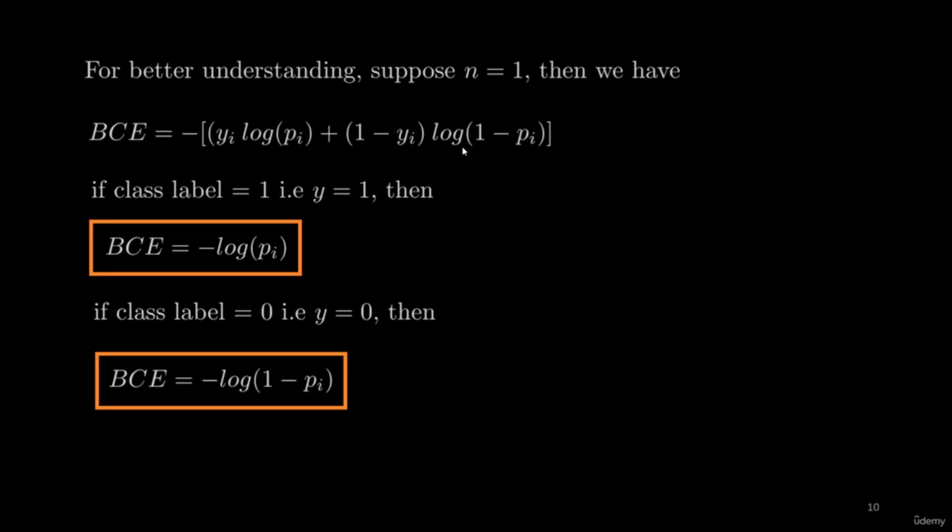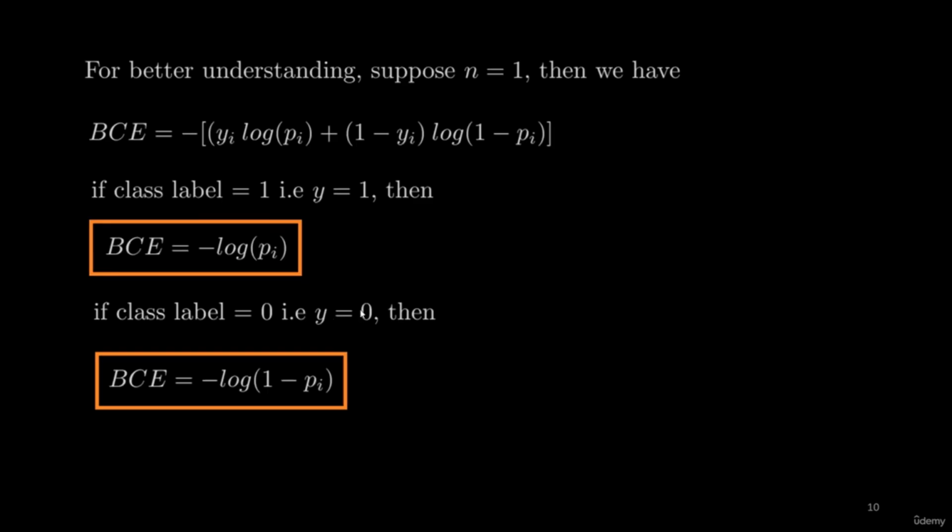That is, this term will not be used to calculate the loss if y is equal to 1, and I will use only that term. This term becomes 0, and I will get only negative log of p. So that is the equation of binary cross entropy loss if my label is 1.